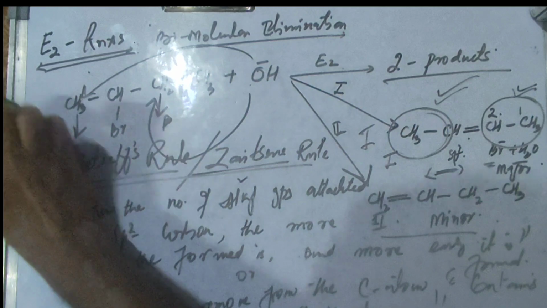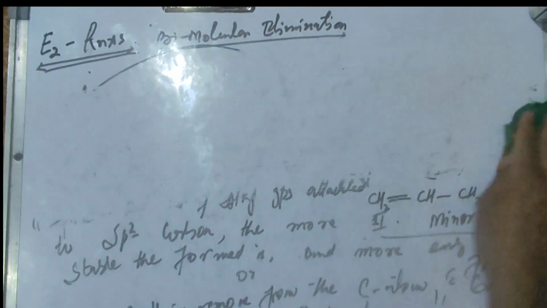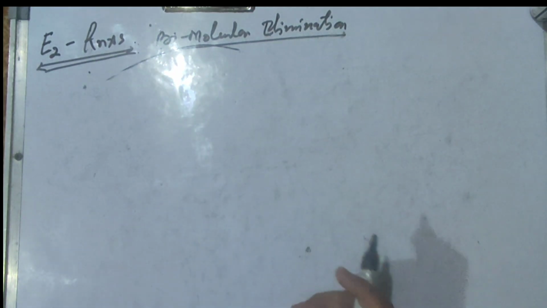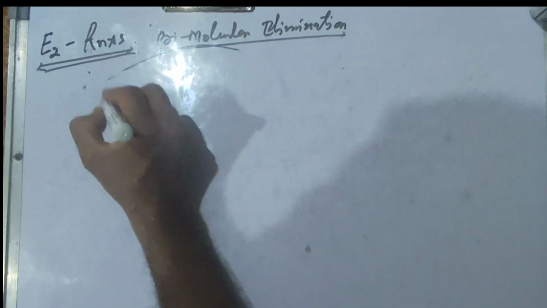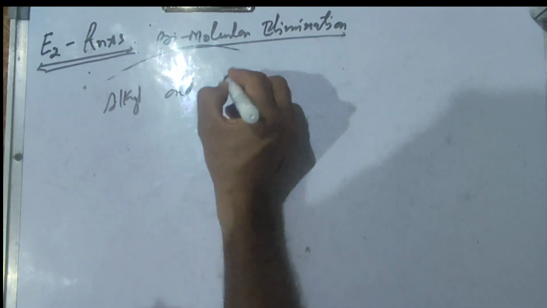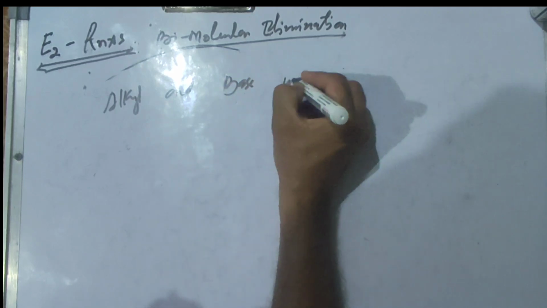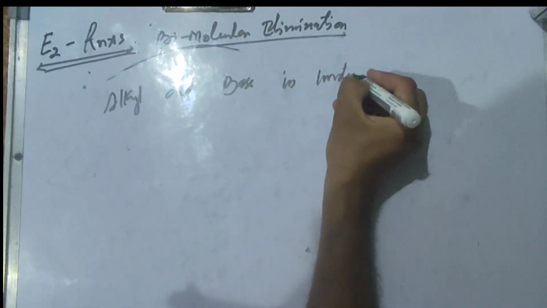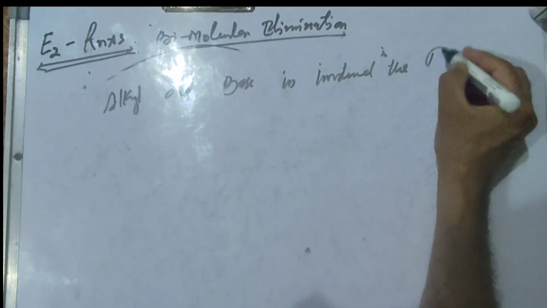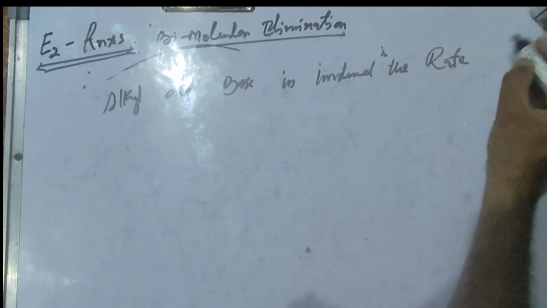Now the E2 elimination reactions. Coming back to this mechanism, in the case of an elimination reaction, both the reactant, that is an alkyl halide, and the base are involved in the rate determining step.